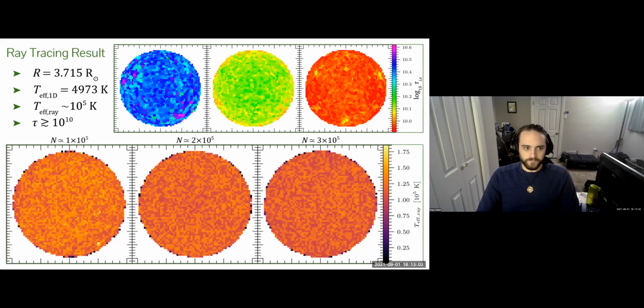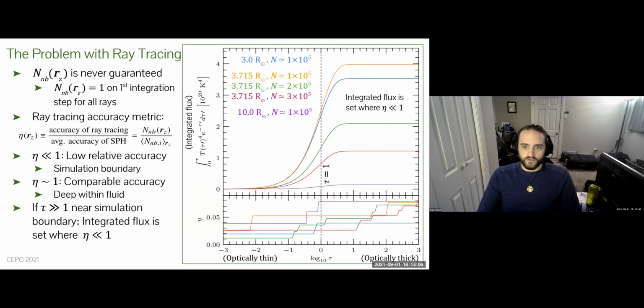Now, this is a problem because with ray tracing, the number of neighbors at any given position is never guaranteed. The number of neighbors in an SPH simulation for an SPH particle is guaranteed, but at any given location, it is not. In fact, it's equal to 1 on the very first integration step, always for all rays.